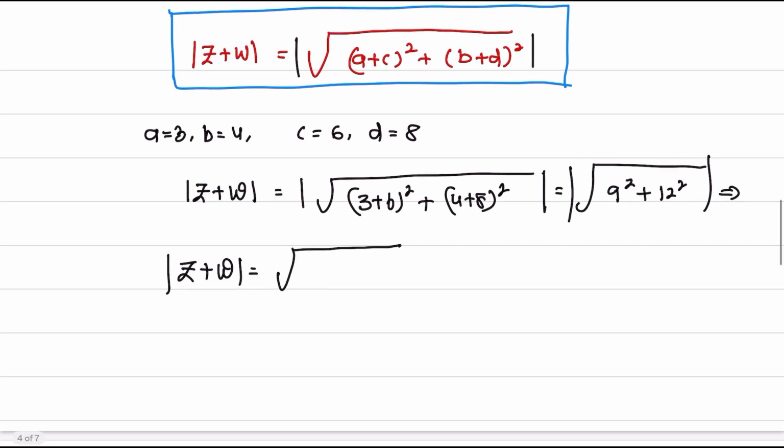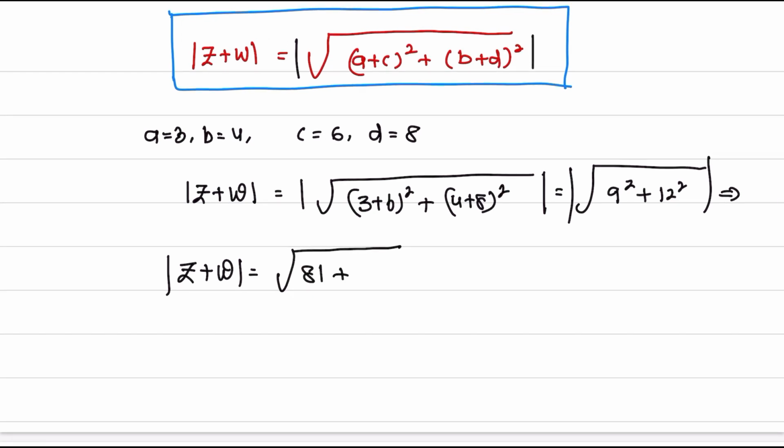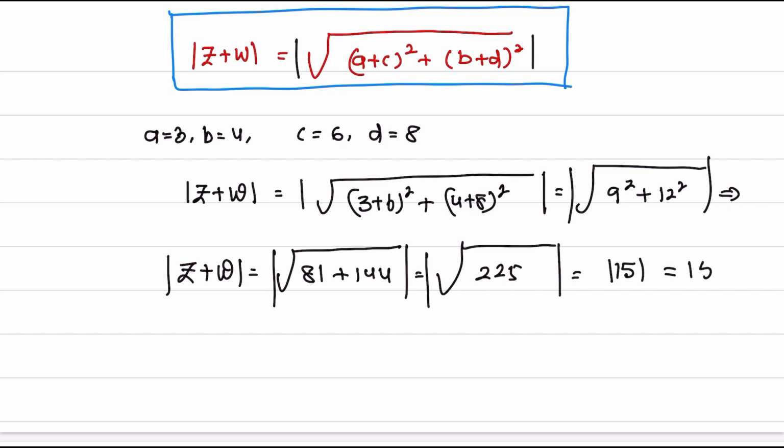Square root of 81 plus 144. 81 plus 144 is 225. That is 15. Modulus of Z plus W is 15.